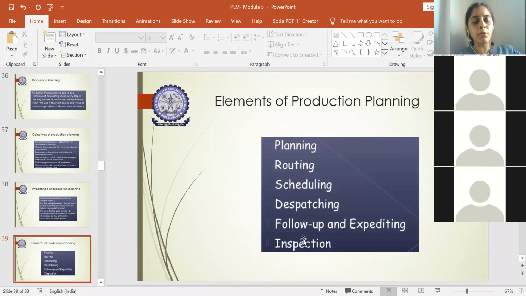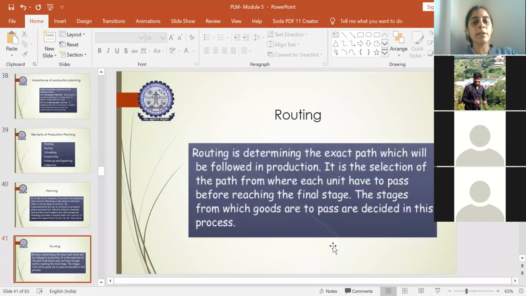So once you know the importance, you should run through the elements associated with production planning. One is planning, which I've explained already, then routing, scheduling, dispatching, follow up, and then the inspection part. So I've told you what planning is. In routing, what happens? Routing is nothing but determining the exact route or path which will be followed in a production line.